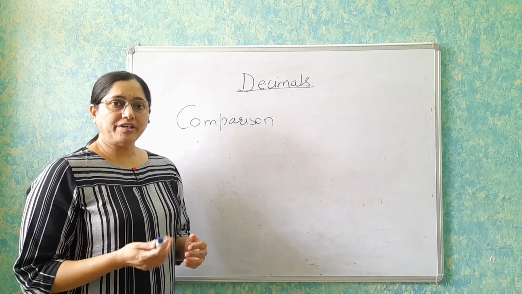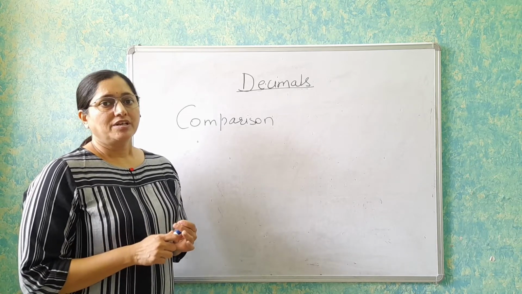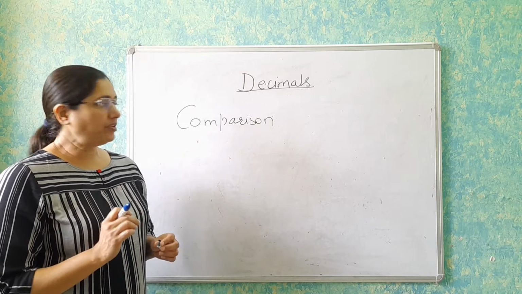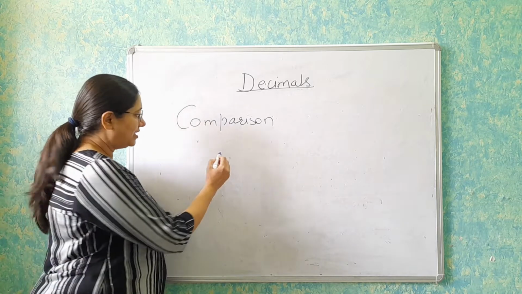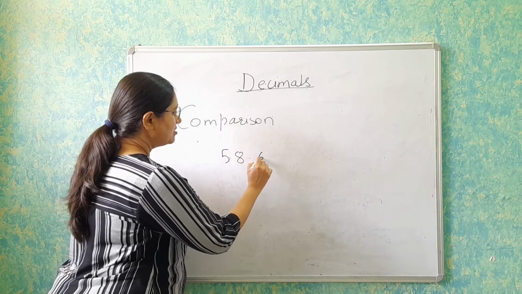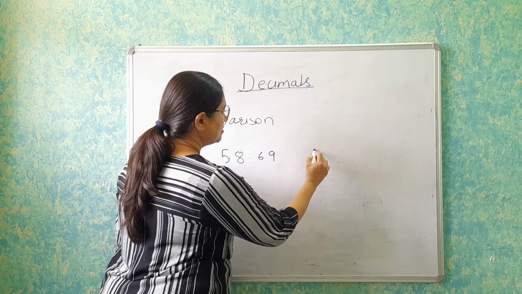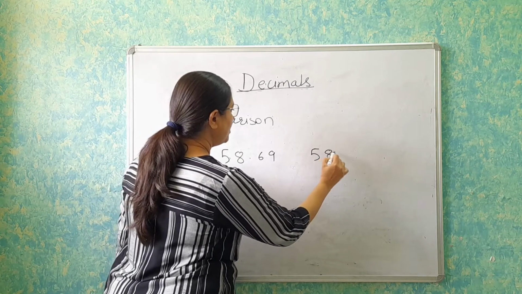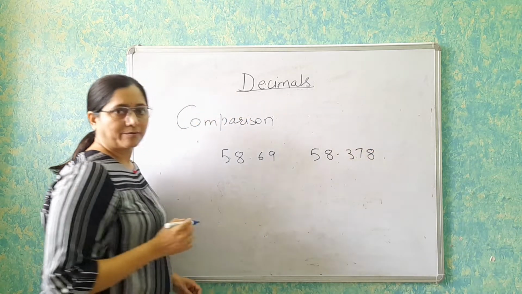I have seen many times that students make silly mistakes while comparing decimals. I want to share one important point with you. If you have to compare two decimals, let's take an example, 58.69 and the second decimal number is 58.378.